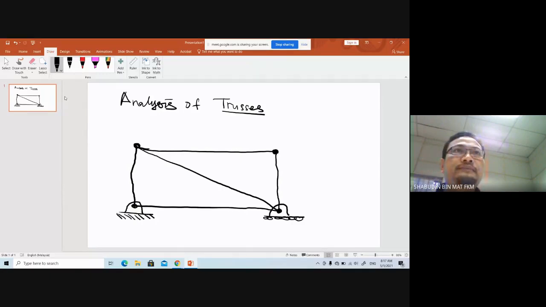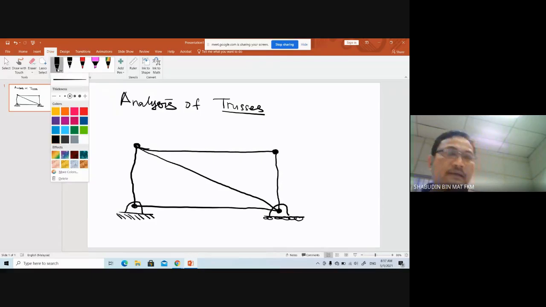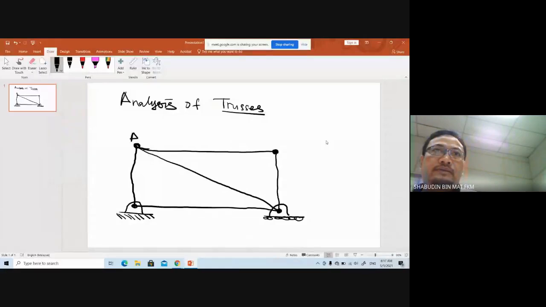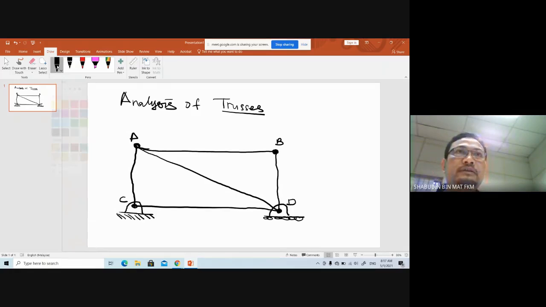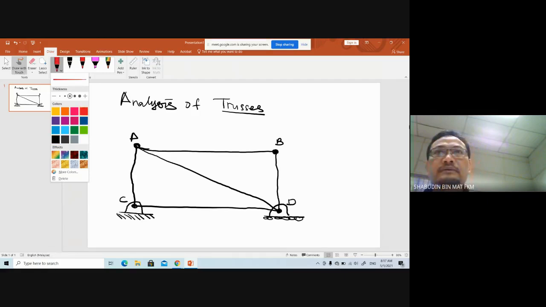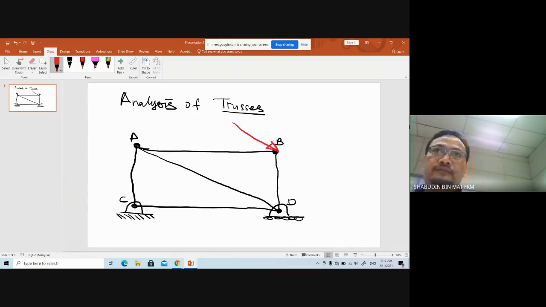So say this is point A, this is point B, this is point C, this is point D. So in actual fact, AB is a solid structure where we have a hole to join a pin, point A and point B, point C and point D, and then you apply a force, something like that. Many configurations there. Force P.